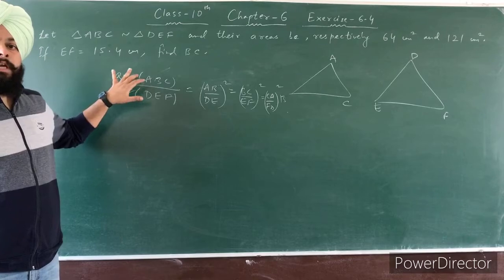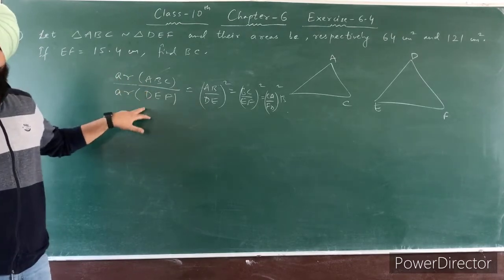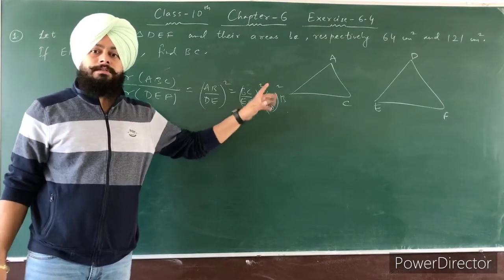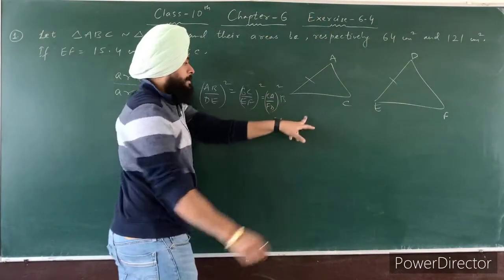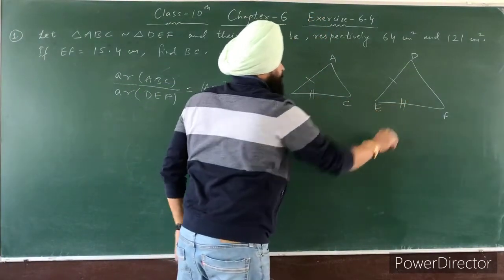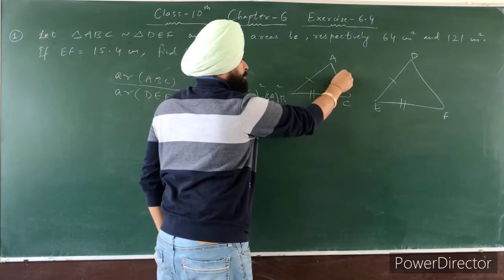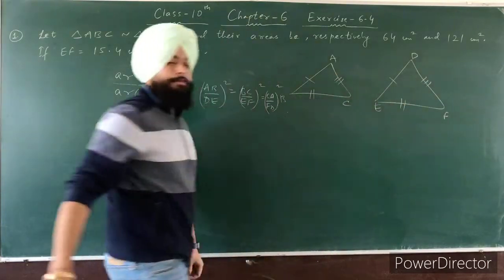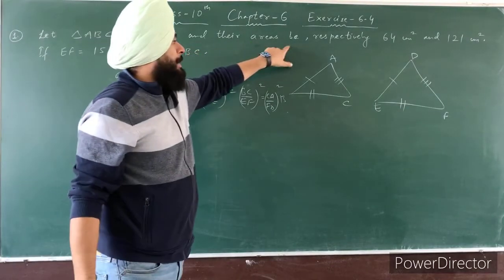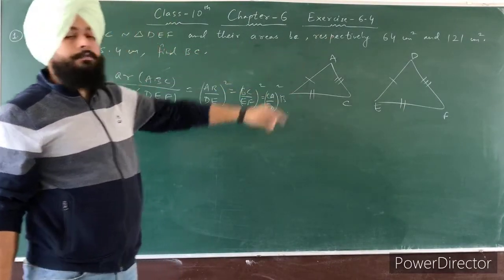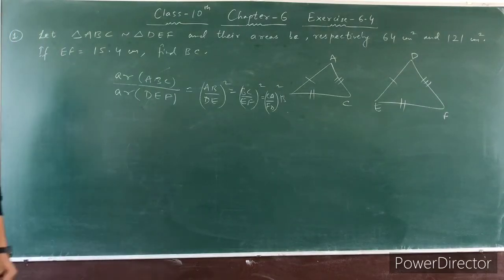So the side AB corresponds to side DE, side BC corresponds to side EF, and the third side CA corresponds to side FD. Their areas are respectively 64 cm square and 121 cm square.